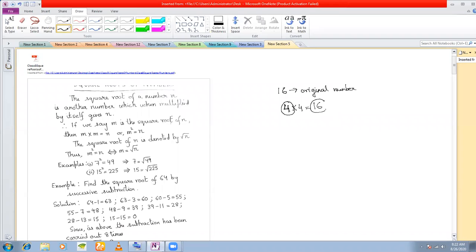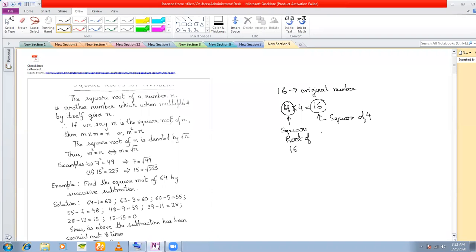And you know this number is called what? This number is called the square root of 16. And what is this number called? Which you already know. This is called the square number. Square of 4. Am I correct or not?